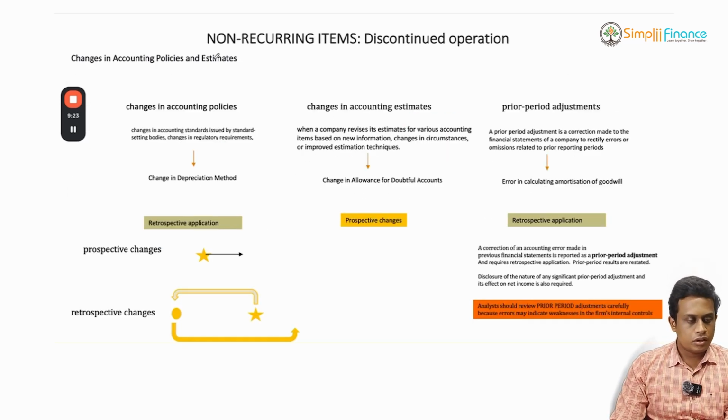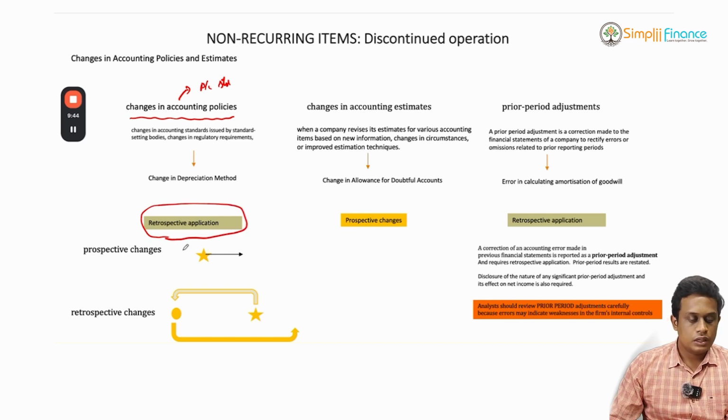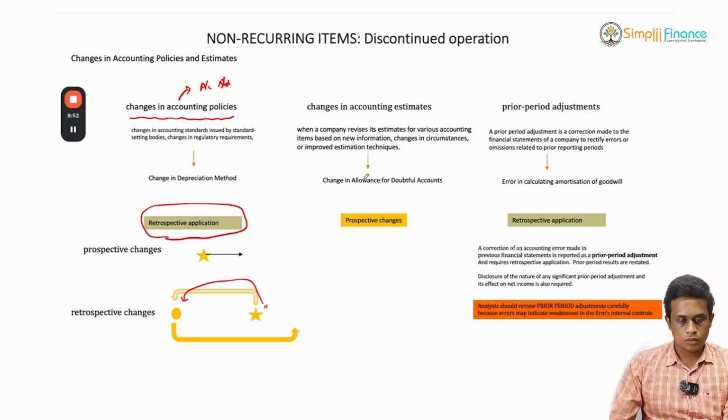That is non-recurring items. So we have some changes in accounting policies that is based on accounting standards. Any changes in the accounting standards or in regulatory requirements, you are supposed to change it on a retrospective application. When I say retrospective, it means from the date of change, all the previous financial reports also should accommodate for that change.